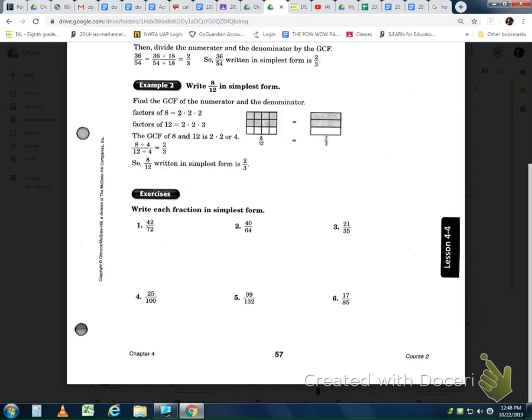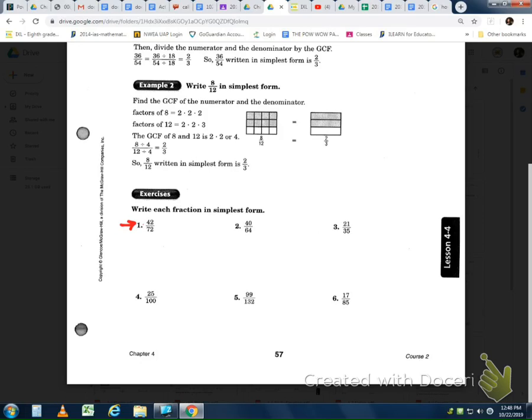You can do either of the ones listed in example 1 or example 2, or you can just try this. Number 1: 42/72. If you know the greatest common factor, it's great to start dividing out the greatest number they have in common. But let's say you don't know. If I see 42 and 72, I know they're both even. So what number do I know for sure goes in both of them? 2. 2's are pretty easy to take out.